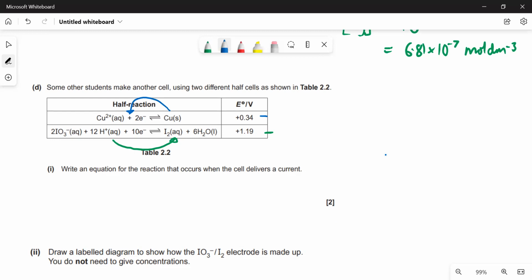But the bottom one uses up 10 electrons. The top one only gives out 2. So we're going to have to multiply that by 5 before we add them together. So let's do that.